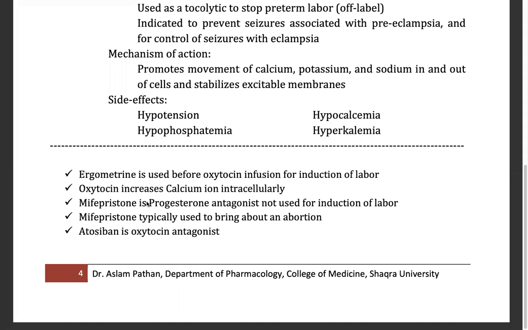Dinoprostone is a prostaglandin analog which causes contraction of the uterus. Mifepristone is typically used to bring about an abortion. Mifepristone is a progesterone antagonist and dinoprostone is a prostaglandin analog.